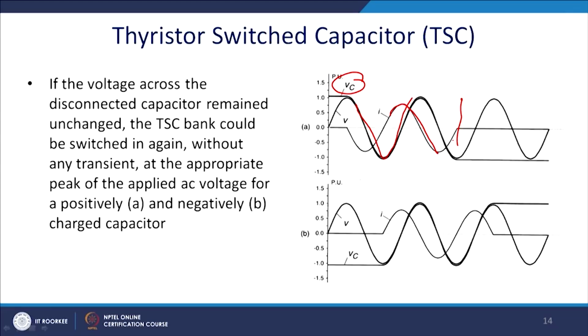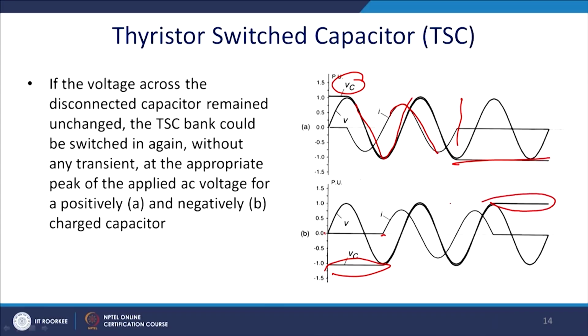Then what will happen? Then again it will hold the voltage of minus Vc. It was conducting initially, and it was non-conducting initially, but it was holding a minus Vc voltage. Then while off, you will find that it will hold a positive voltage. So, this kind of feature you will be finding across the capacitor voltage in case of the TSC.